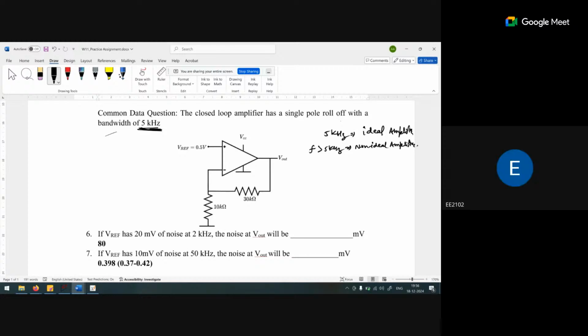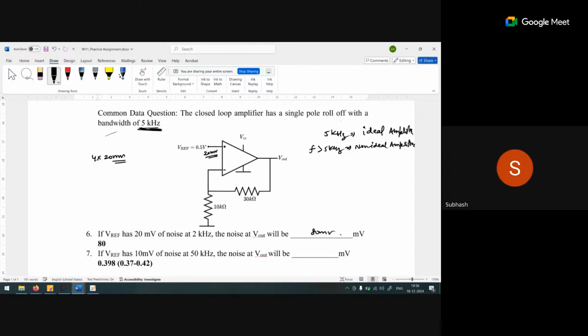If we have 5 kilohertz, we are given that the V reference is 20 millivolt. That means this is a 20 millivolt noise. What is the output voltage? 4 times this input, 4 times 20 millivolt. It is 80 millivolt.